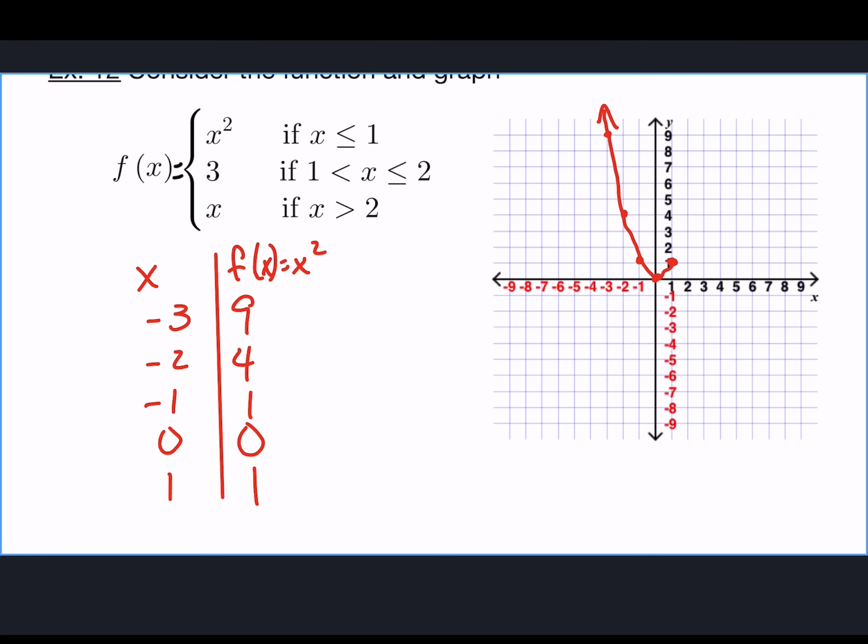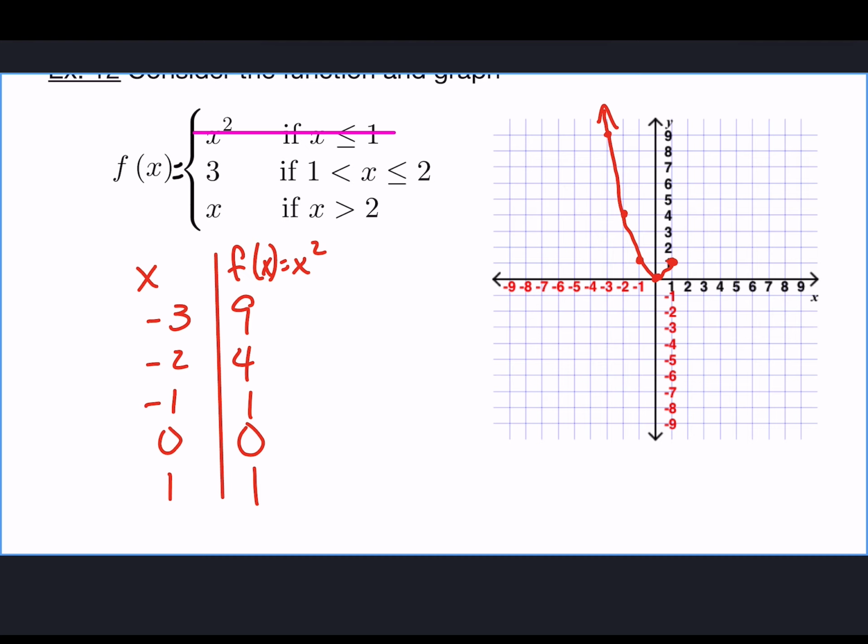Again, it continues on to the left to negative infinity, and it's going to have that same general shape. So we've done that part. Now it says that the function is equal to 3 if x is greater than 1 and less than or equal to 2.